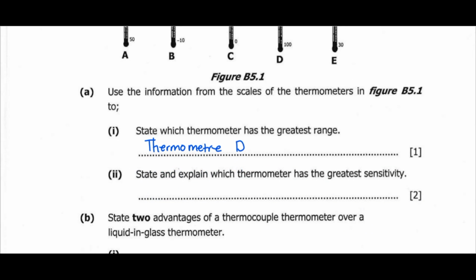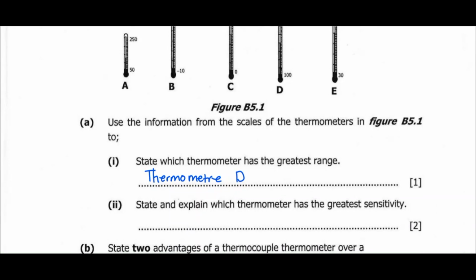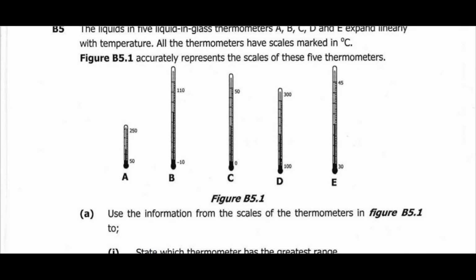Then 2, state and explain which thermometer has the greatest sensitivity. The thermometer with the greatest sensitivity is the one that has the ability to detect even a smaller temperature.